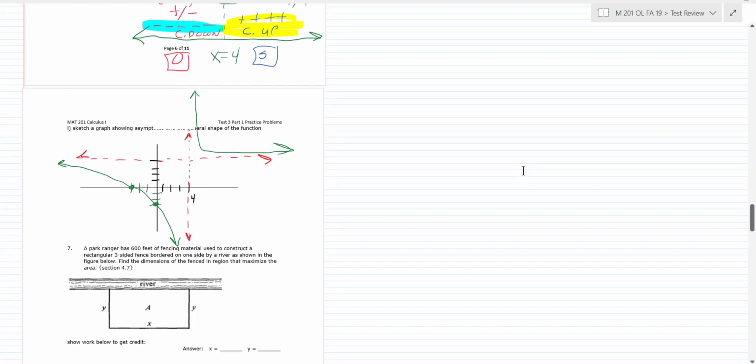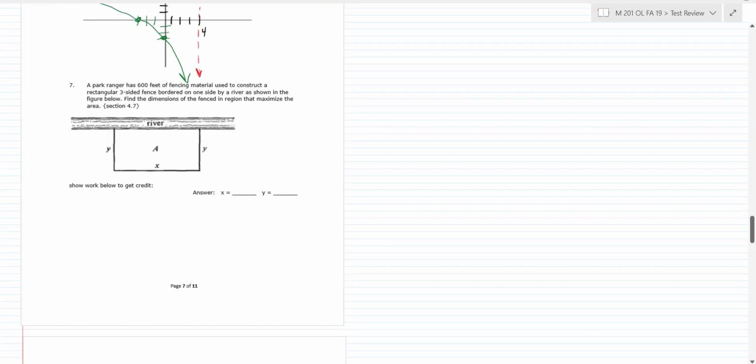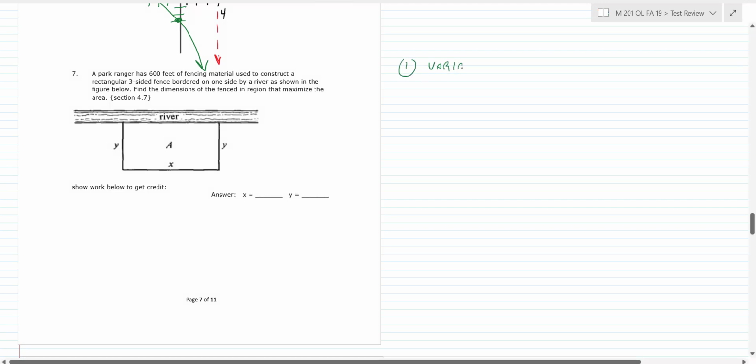So next thing we're going to look at is an optimization problem. Now when you're doing optimization problems, it's always important to identify the variables that are in the problem. You've already got a picture here. It's always good to draw a picture unless you're given a picture like on this one.